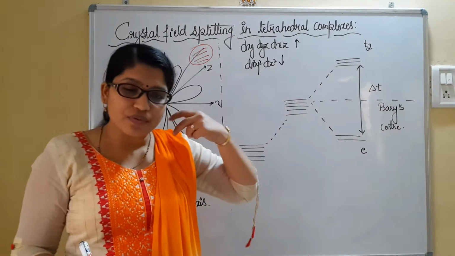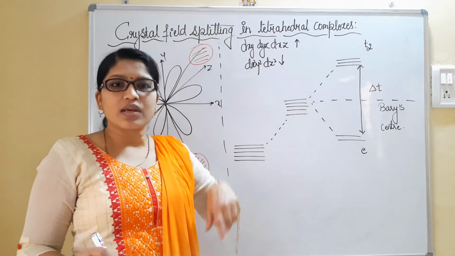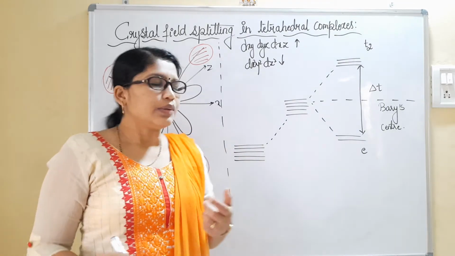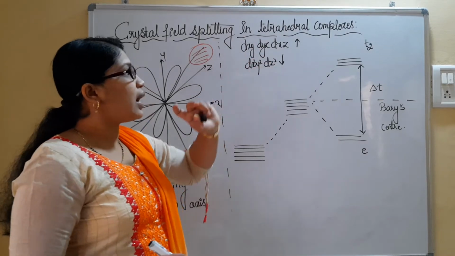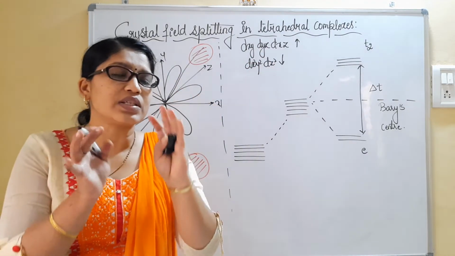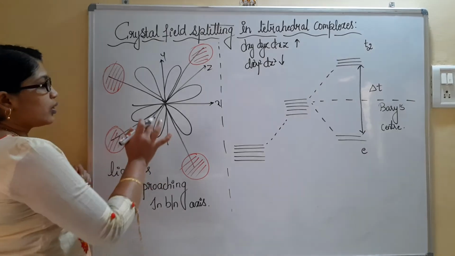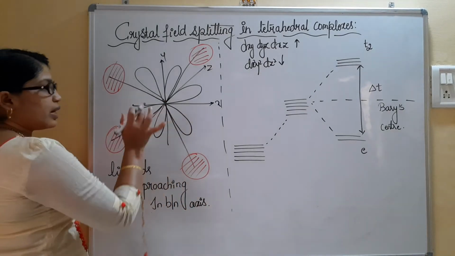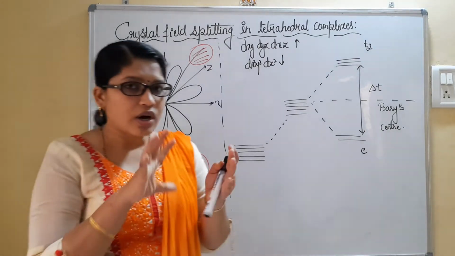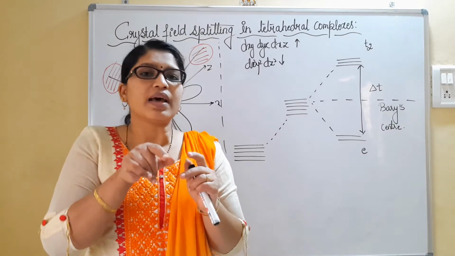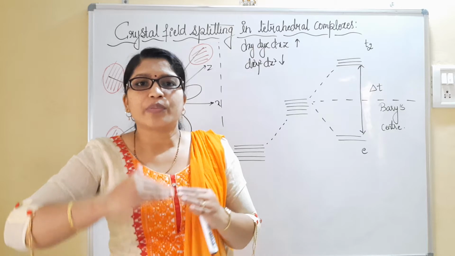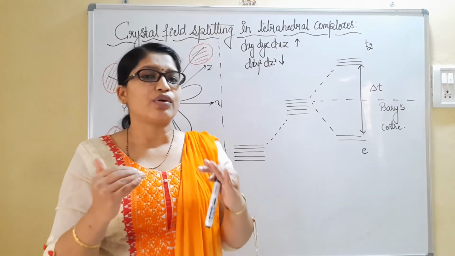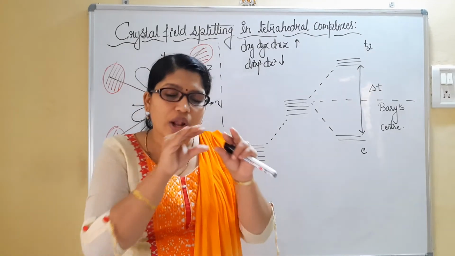You would have noticed in the previous session that dxy, dyz, dxz are said to be the orbitals present in between the axes. So when ligands are approaching here, definitely the orbitals which are present in between the axes are repelled, and their energy is going to be increased compared to that of the orbitals which are present along the axis.